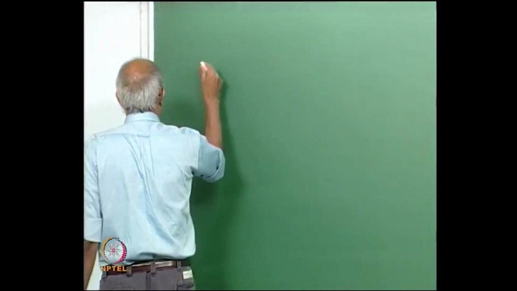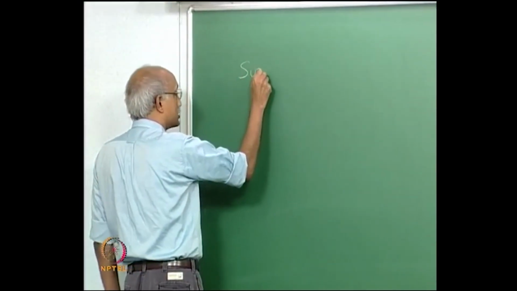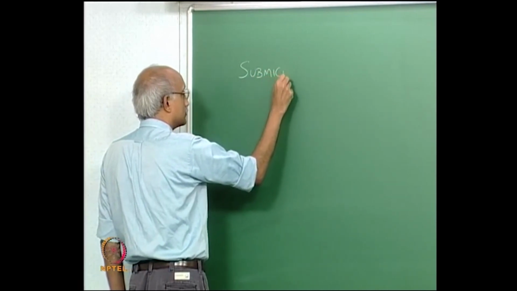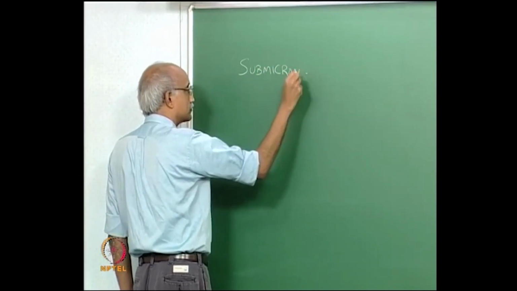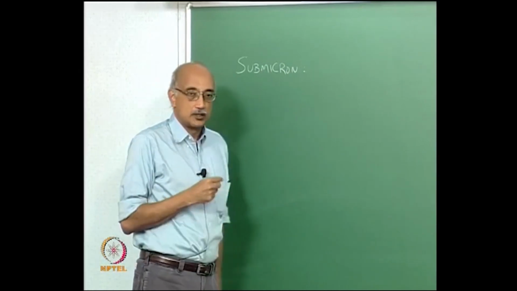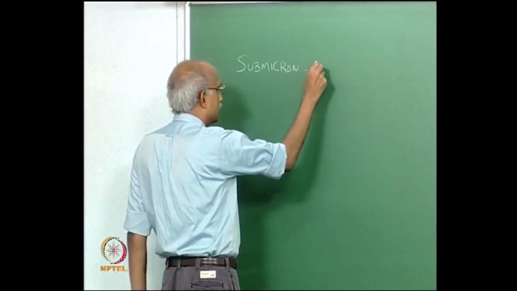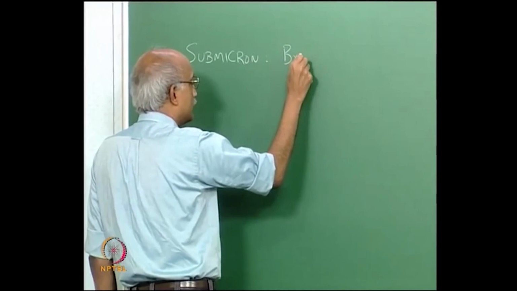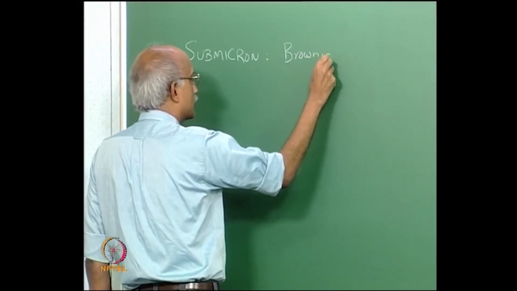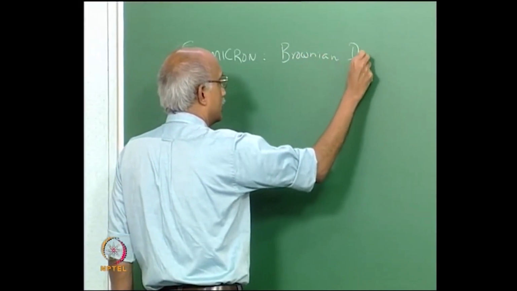So when we talk about extremely small particles that are in the submicron range, the dominant mode of transport is diffusion, which in the case of particles goes by the name of Brownian diffusion.